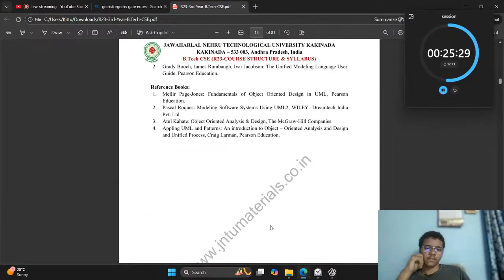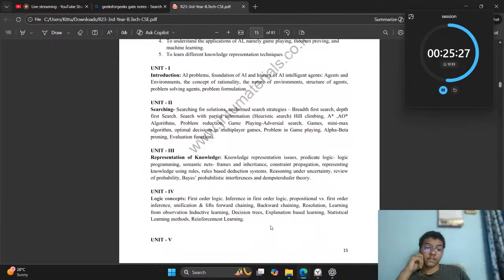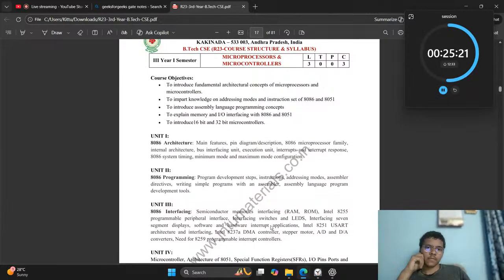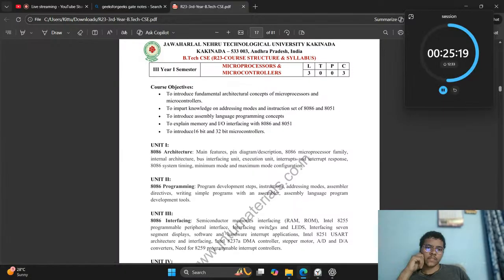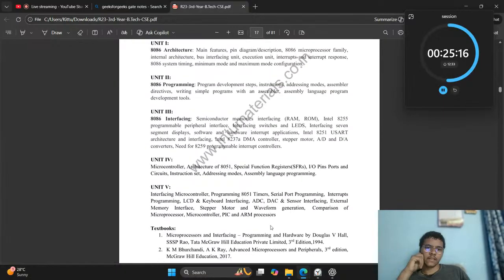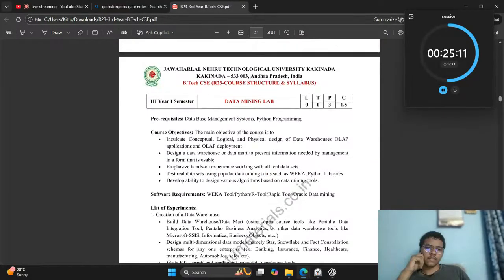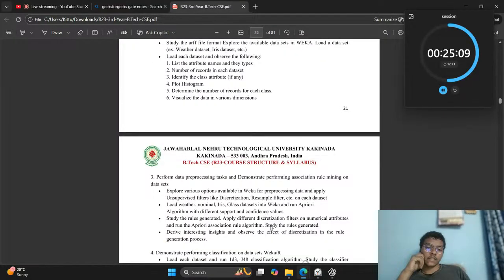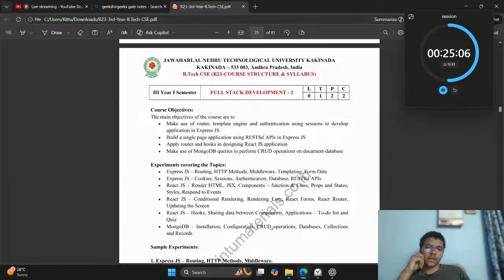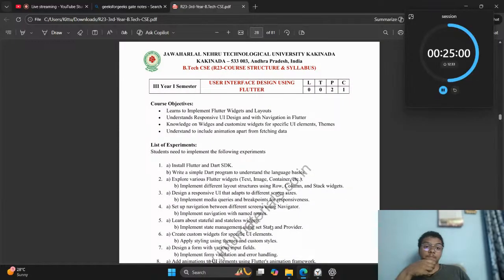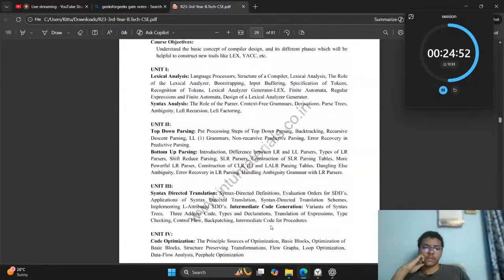UML, artificial intelligence, okay. MPMC, microprocessors and microcontrollers 8086. Quantum computing, okay. Data mining lab, okay. CNS lab, FSD2. That is the two things, right? Yep. UI using Flutter.